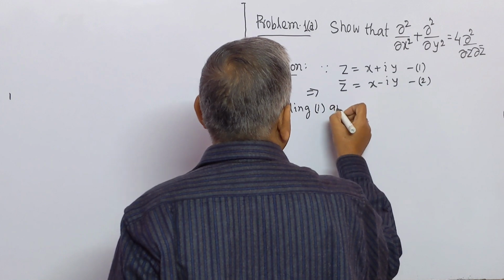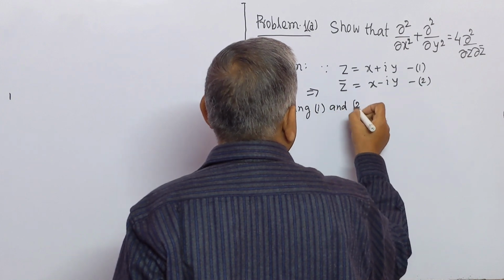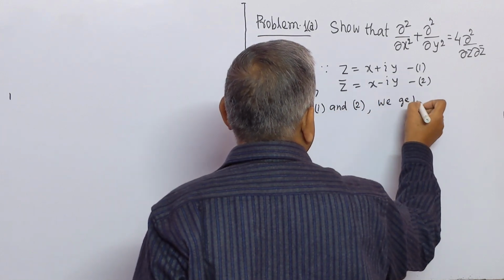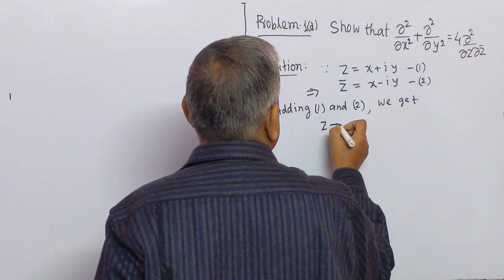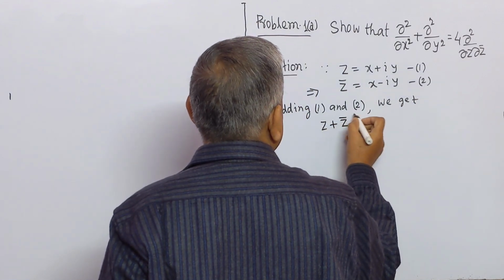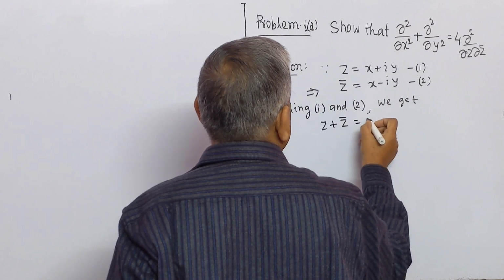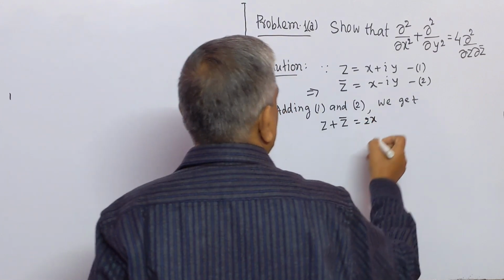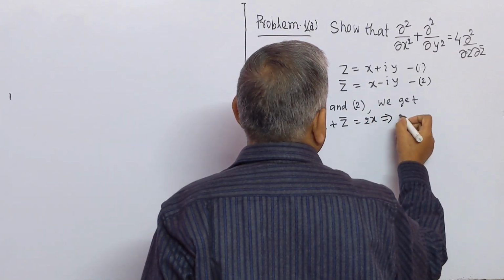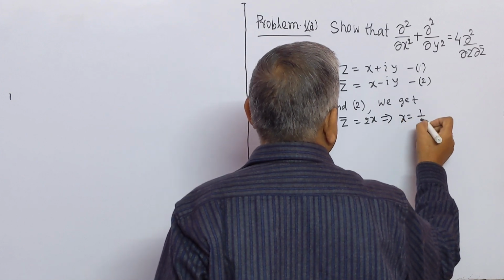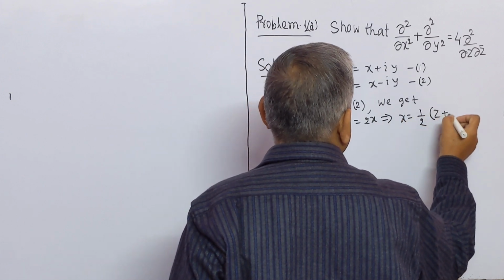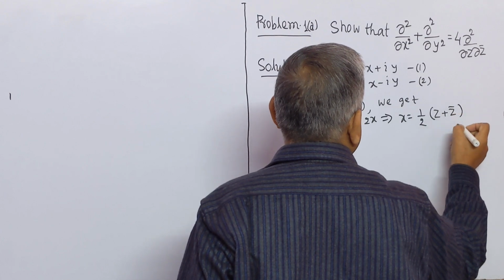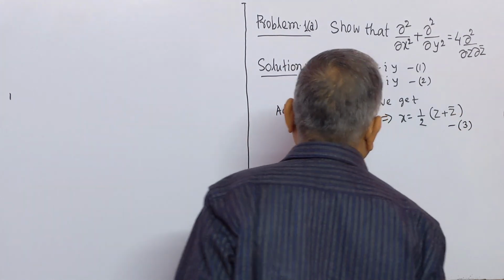Adding 1 and 2, we get z plus z bar equal to 2x, implies that x equal to half z plus z bar. This is number 3.